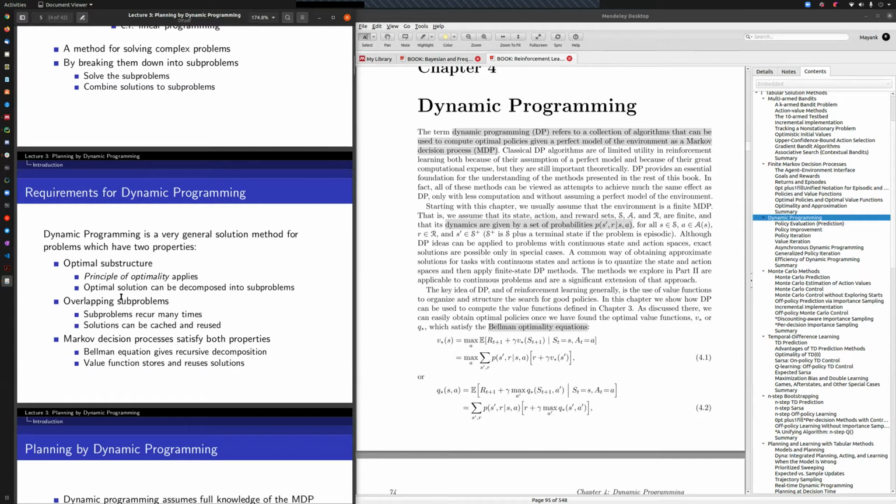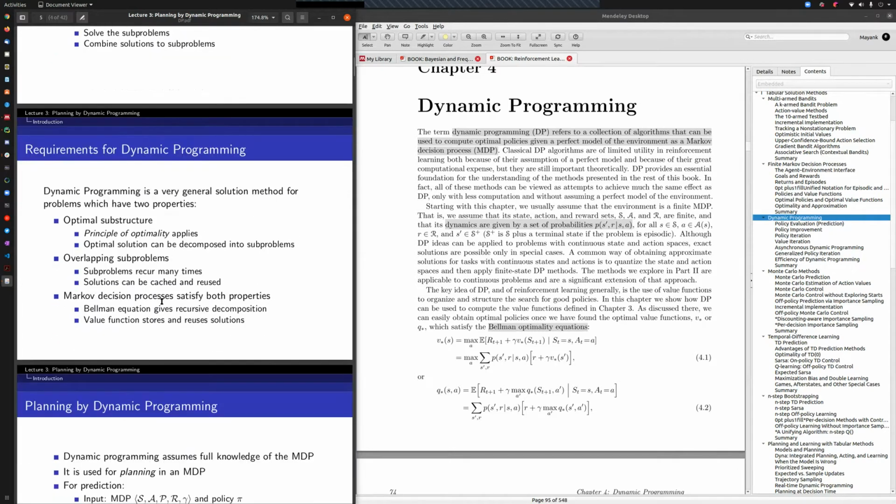Those overlapping subproblems can recur many times, and those solutions can be cached and reused. So these are the overlapping subproblems that we look at.